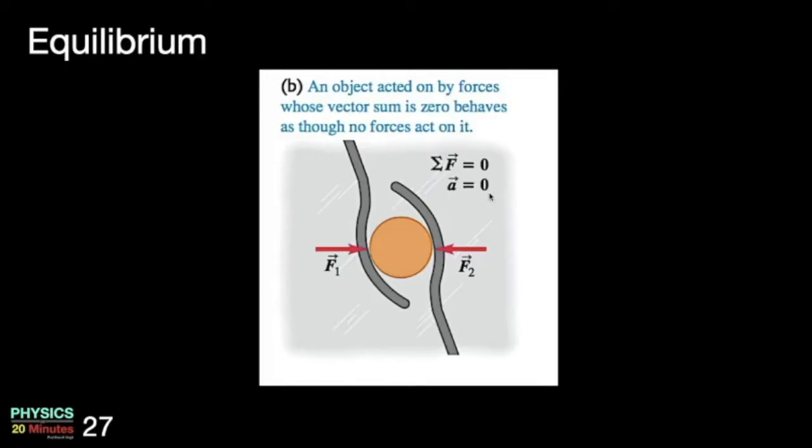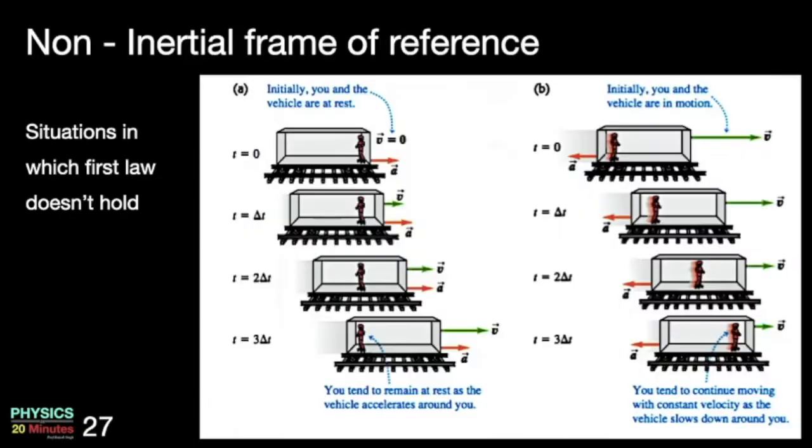So whenever there is an equilibrium, no net force, remember individual forces can work but the total force is zero, then we say that the first law is applied. It defines the non-inertial frame of reference for us.